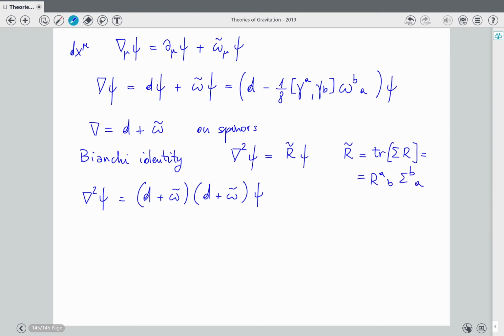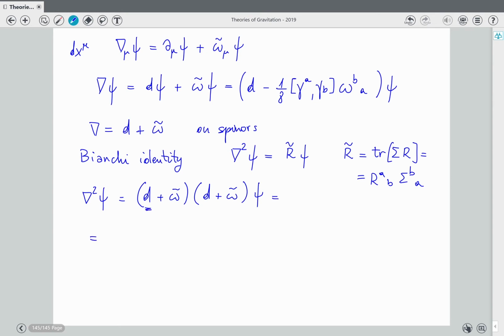So, as usual, the Bianchi identity gives something simple. It's like the commutator, since these are forms, this is like commuting two covariant derivatives, and the commutator of the covariant derivatives, as you know, gives the curvature. So let's do it.